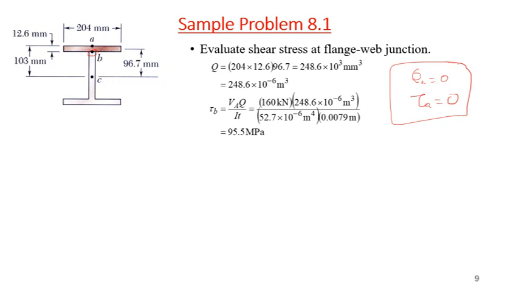So Q, the first moment of area, we calculated for that shaded region: 204 multiplied by 12.6 gives the area, and the distance from the center of this shaded region to the center of the section is 96.7 millimeter. When we put in the values, we get 248.6 times 10 to the power minus 6 meter cubed. Now, shear stress is equal to VQ over It, V is 160 kilonewton.